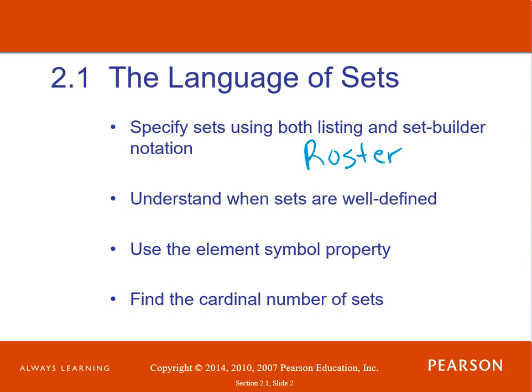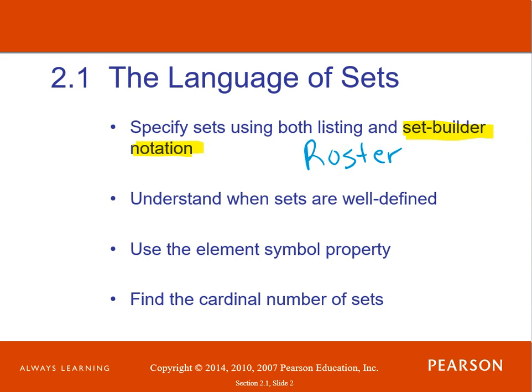But then there's another way you can express a set, and it's called set builder notation, and that's kind of a fun one, so we'll be looking at that. We will understand when sets are well defined and when they're not. We will use the element symbol property, and we're going to find cardinal numbers. That sounds like fun too.